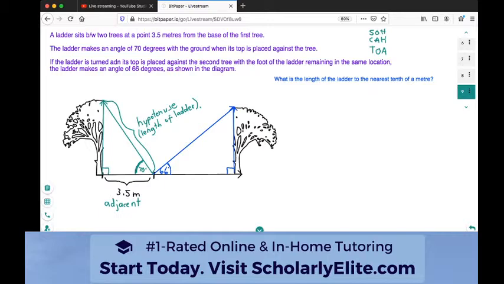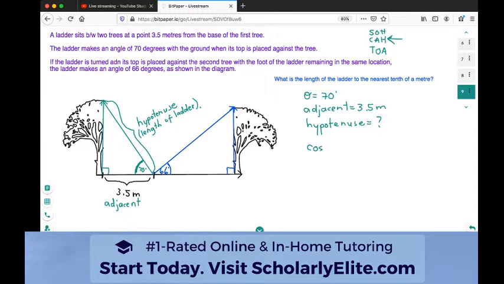Okay, so what I need to do now is say, well, what information do I have? I have theta as 70 degrees. I've got the adjacent side length of 3.5 meters. And what do I need to solve? Well, that's the hypotenuse, which we don't know. So that information tells me that I need to pick the identity that uses the adjacent and the hypotenuse, and that is our cosine identity. So I'm going to write that out.